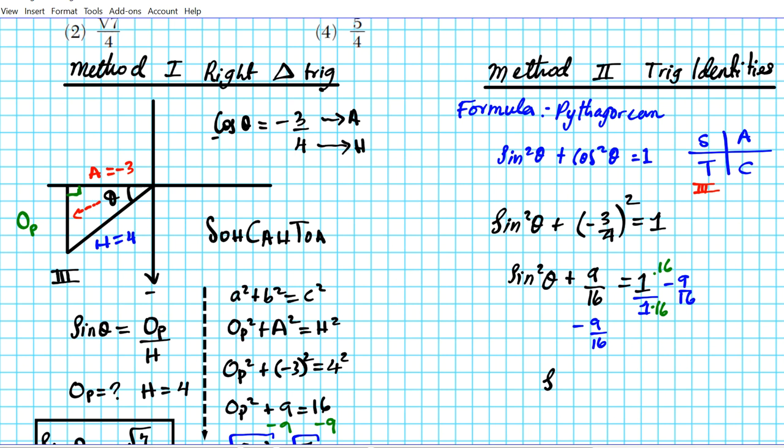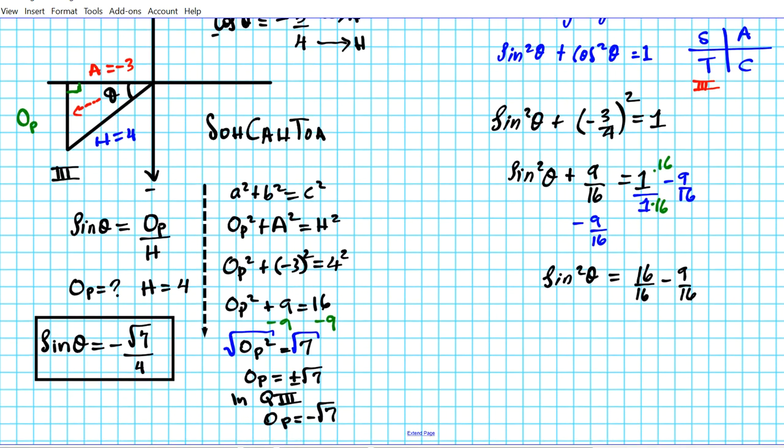What does that yield? We have sine squared theta equals 16 over 16 minus 9 over 16. Since the denominators are the same, we can now proceed to subtract the fractions. So we have sine squared theta is equal to 16 minus 9, which is 7 over 16.